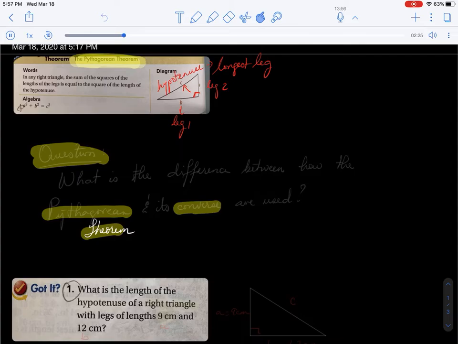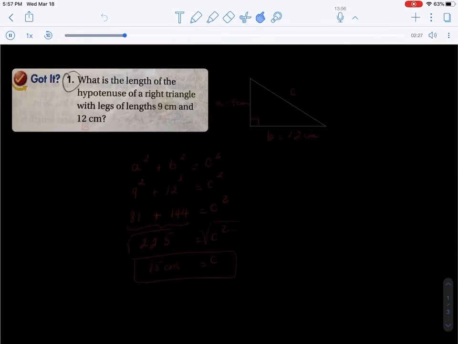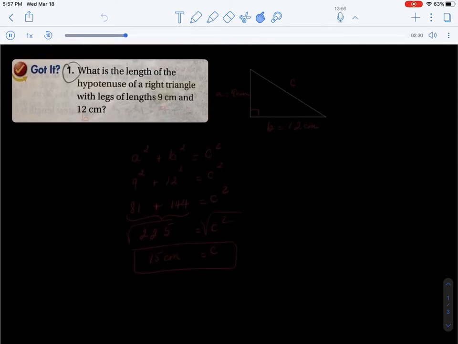Number 1 asks you to find the length of the hypotenuse of the right triangle. One of the legs is 9 centimeters. The other leg is 12 centimeters.